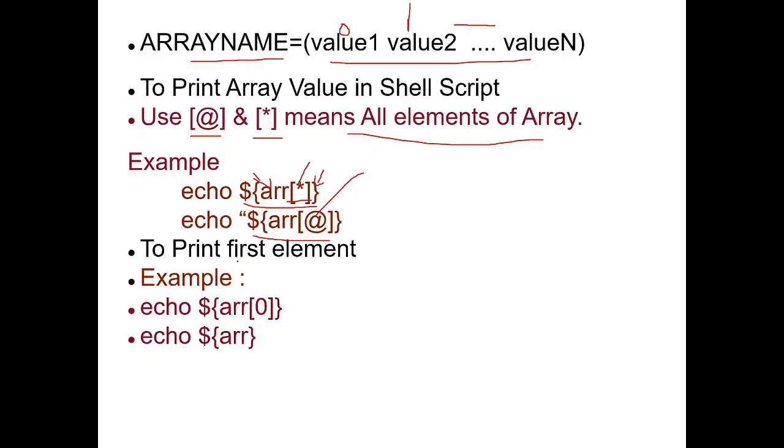If you want to print the first element, you can make use of the index value like this in the example. This will print the first element, or you can just include the array name directly. Even this will print the first element. Like this, if you want to print an element from any position, any index value, you can just include 1, 2, 3 here.